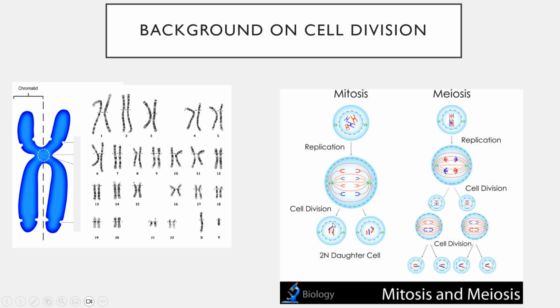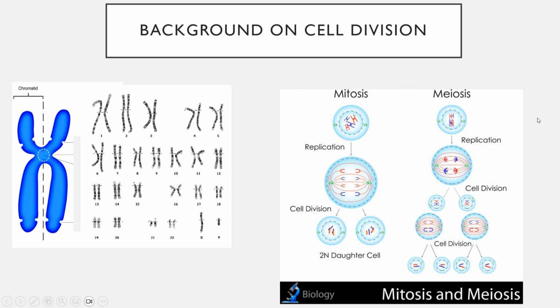Mitosis, we're making 2 genetically identical daughter cells, so identical to each other as well as to the parental cell. This is about making exact copies, exact replicas. So we'll start with 46 chromosomes and we want to end with 46 chromosomes.